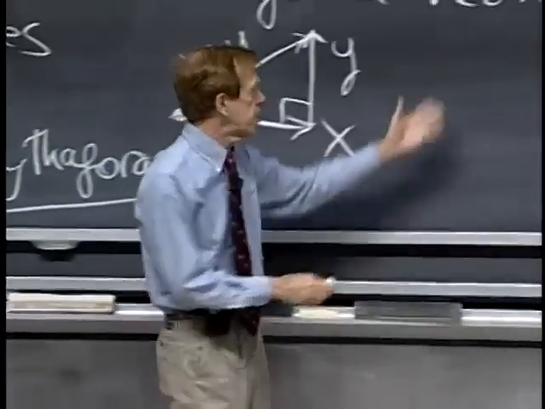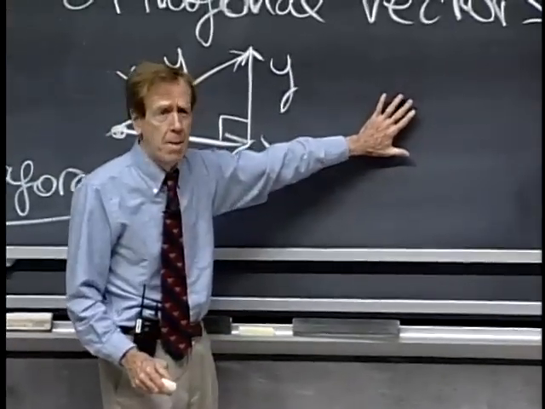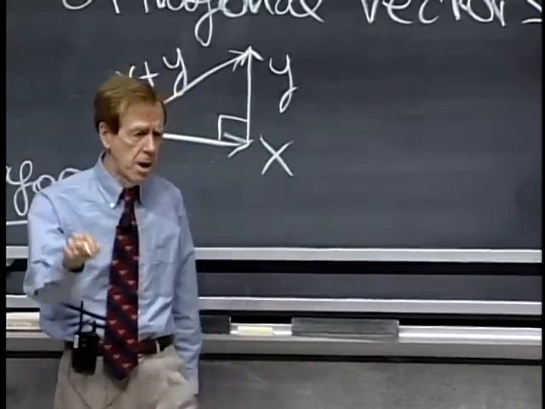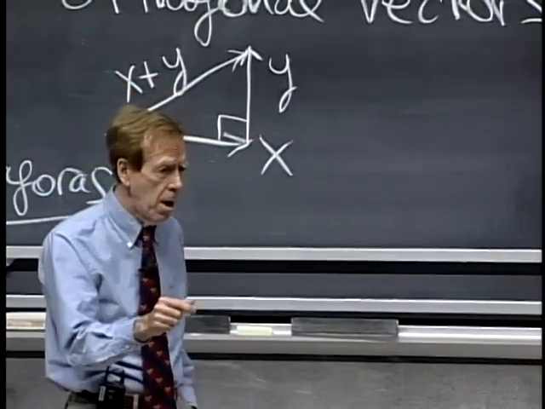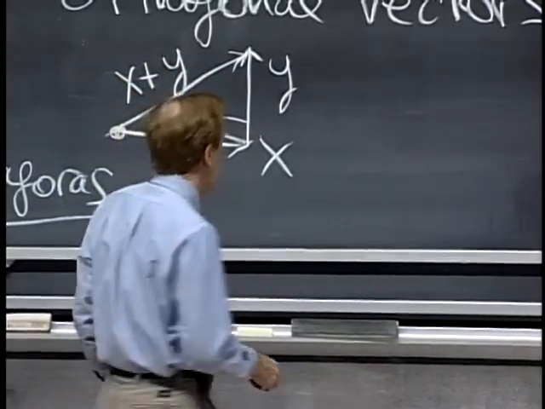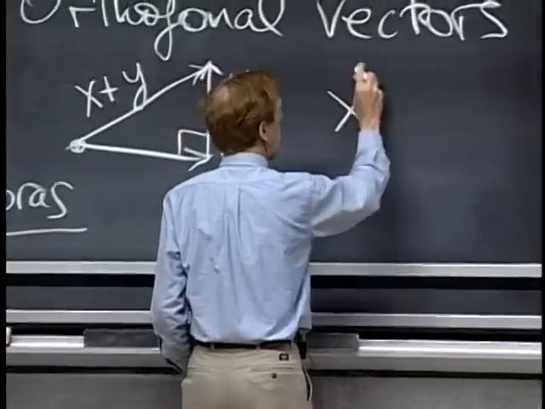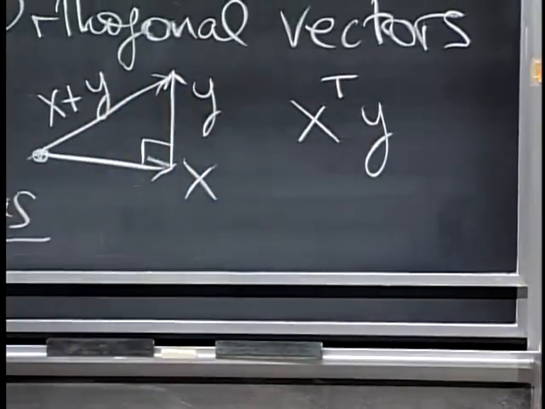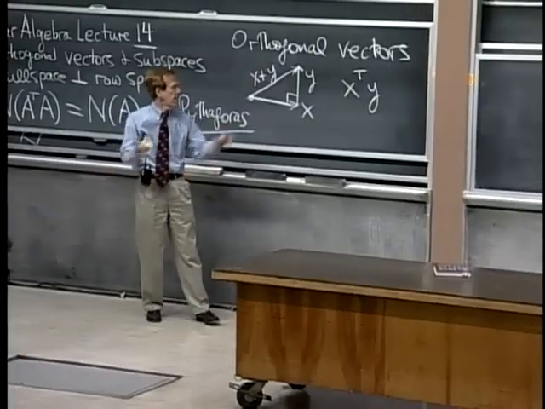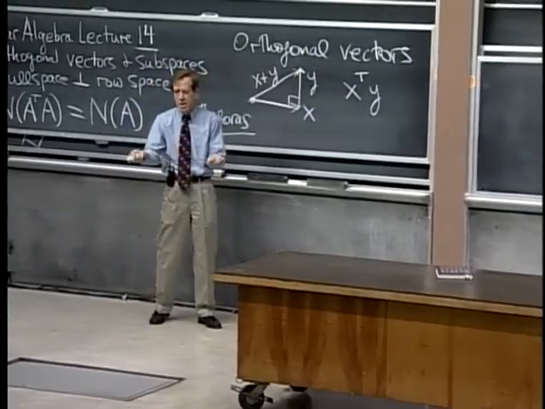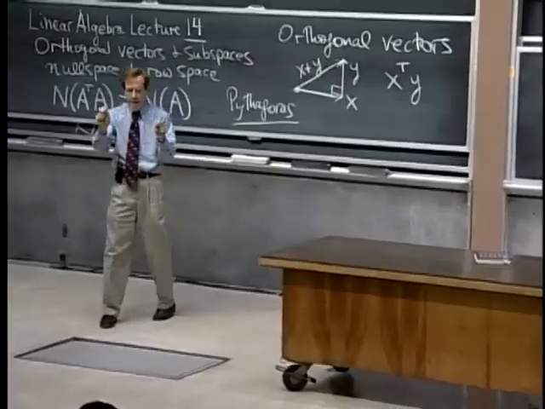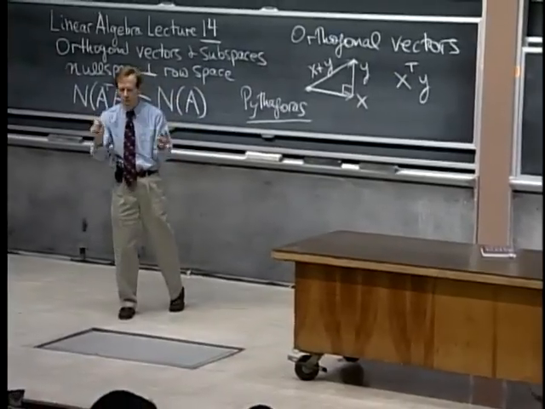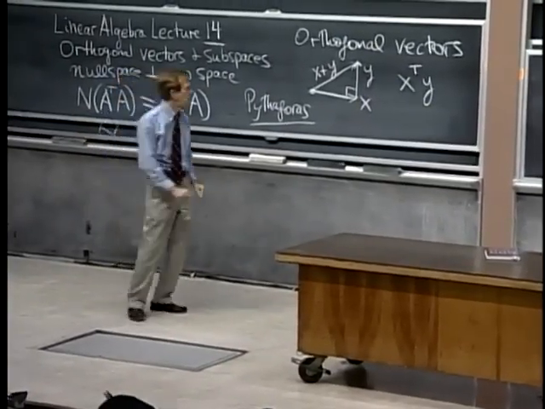Orthogonal vectors, what's the test for orthogonality? I take the dot product, which I tend to write as x transpose y, because that's a row times a column, and that matrix multiplication just gives me the right thing: x1 y1 plus x2 y2, and so on.